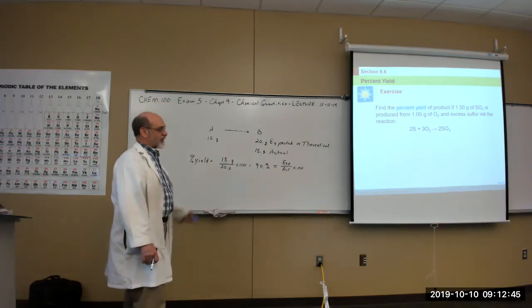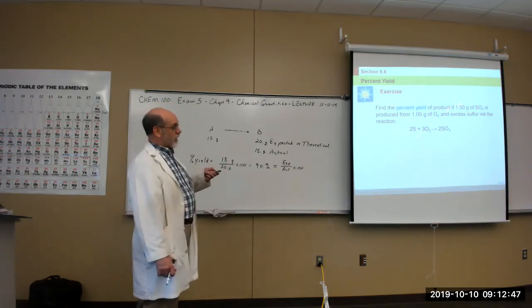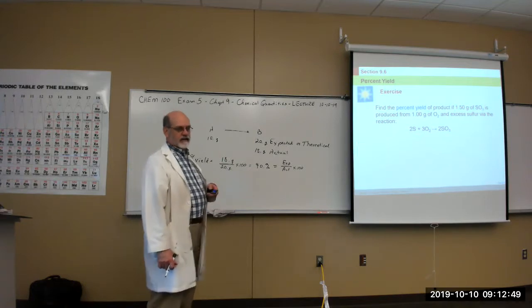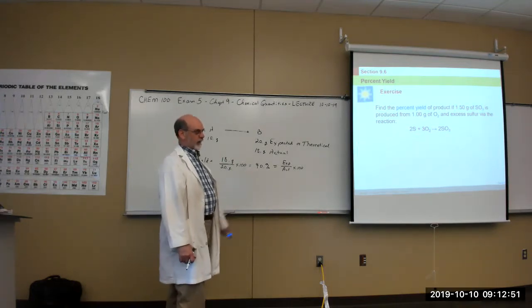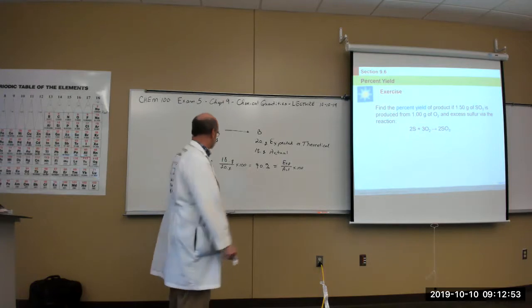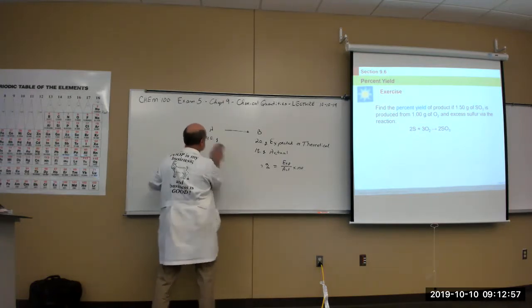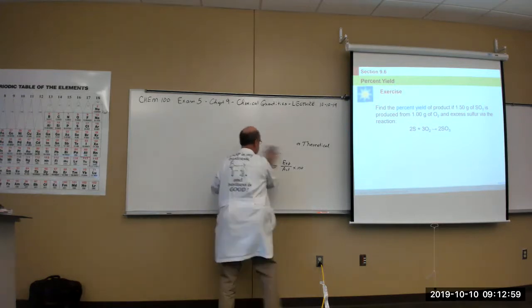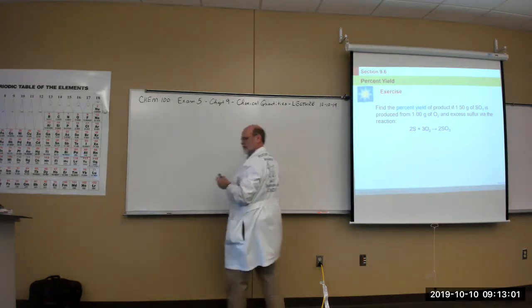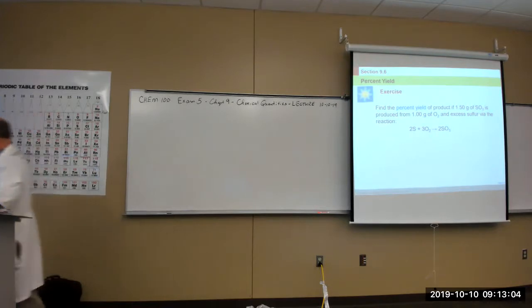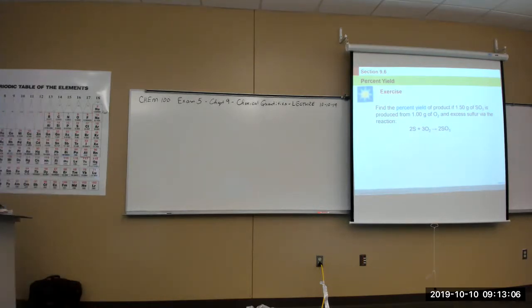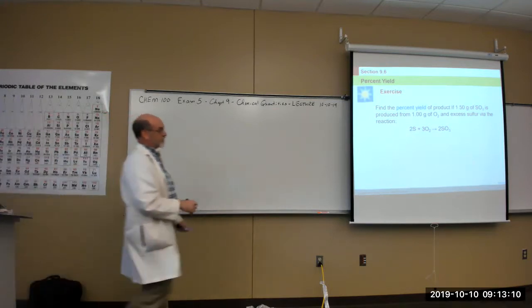That implies that 1.5 grams of sulfur trioxide is a smaller amount than you expect. So we can finish this one.